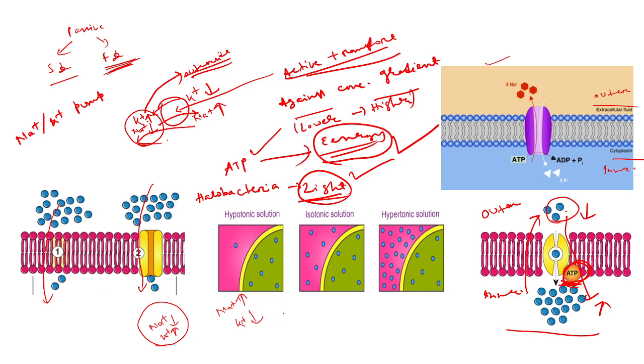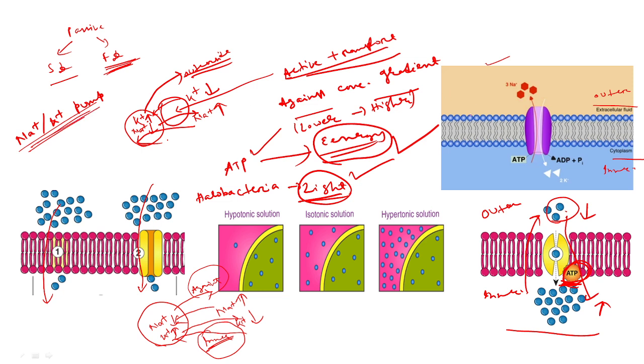So in passive transport, potassium can easily pass from the inner to the outer, and sodium can easily pass from the outer to the inside. But if sodium wants to go from inner to outer, that is against the gradient, or if potassium wants to go from the outer to the inner, this type of transport is called active transport, and this is called the sodium potassium pump.